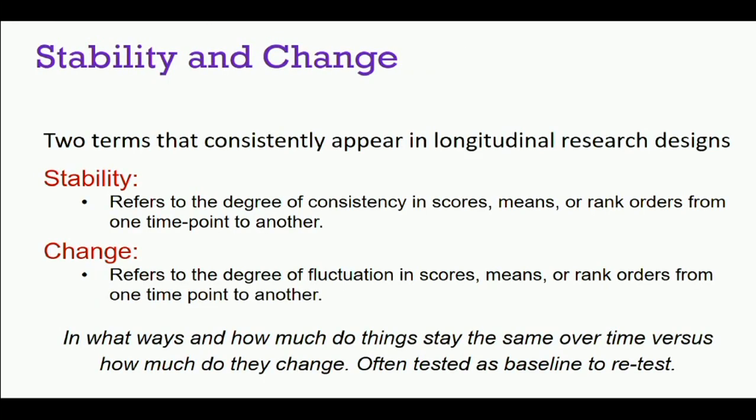Okay, so basically these concepts are about in what ways and how much do these things stay the same over time versus how much do they change. So you often take a baseline measurement and then you retest it and retest it again and retest it again to see whether the construct is changing.